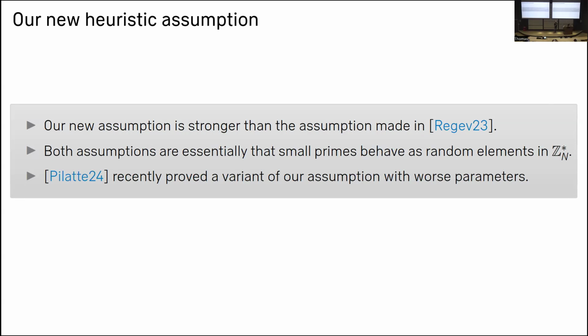But interestingly, Pilat here at Oxford recently managed to prove a variant of our assumption. And relying on this proven variant of our assumption would require using significantly larger parameters for the quantum algorithm than we believe to be necessary, but it still provides the same asymptotic advantage over Shor's algorithm. So this is very interesting, giving an algorithm which does not rely on any heuristic assumption.